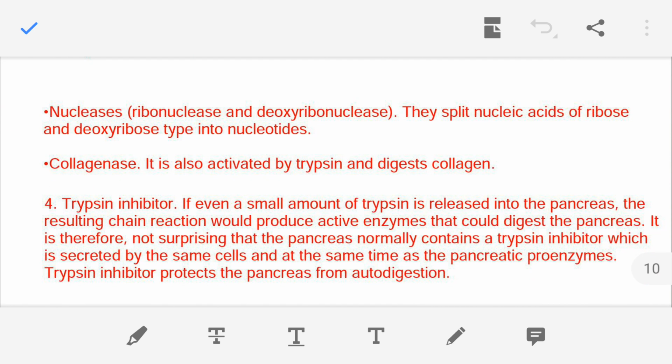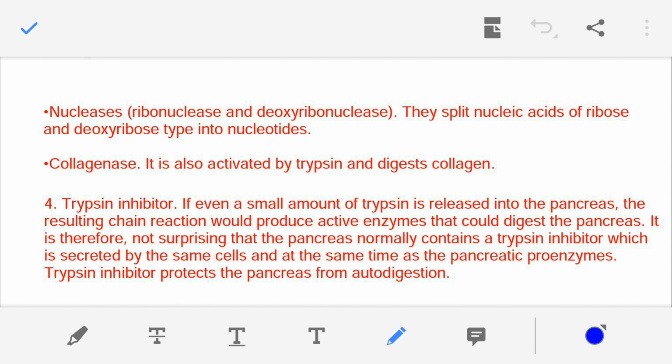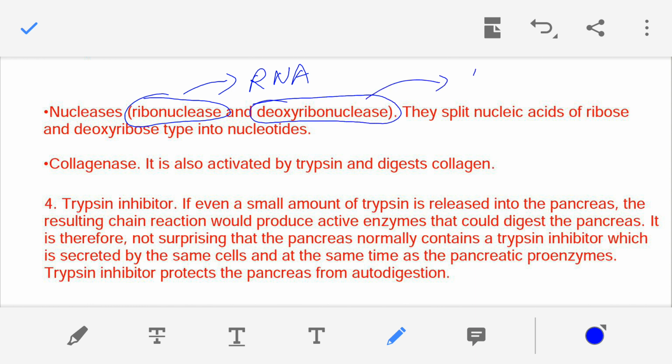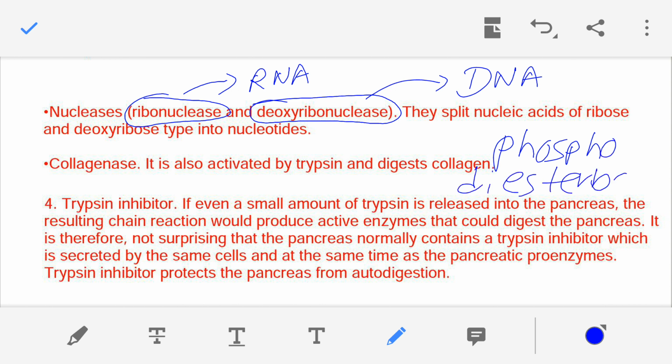Now nucleases. In the pancreatic juice, ribonuclease is present, which is involved in the digestion of RNA, and deoxyribonuclease is present, which is involved in the digestion of DNA. These nucleases act upon the phosphodiester bond.